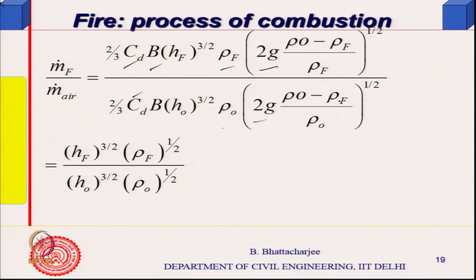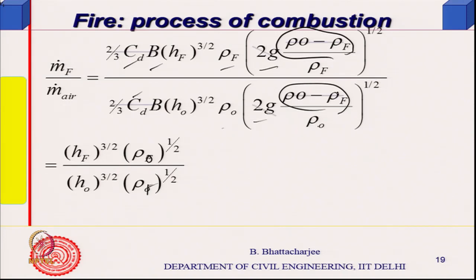So, rho f by this term will also cancel out, because this is the same in both places. It should be the other way around, this should be rho 0 by rho f, because rho 0 would go up there, rho 0 to the power half. So, this is all that will be remaining.